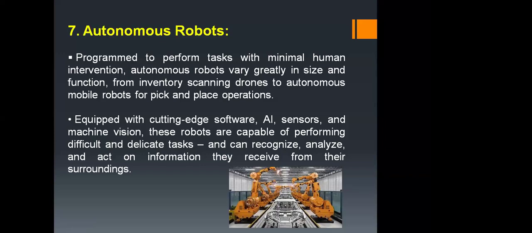In the automotive industry, on the assembly line, robotic arms are used very frequently. These autonomous robots are equipped with cutting-edge software, sensors, and machine vision, and are capable of performing difficult and delicate tasks.